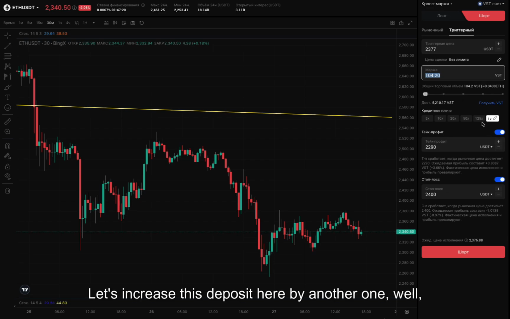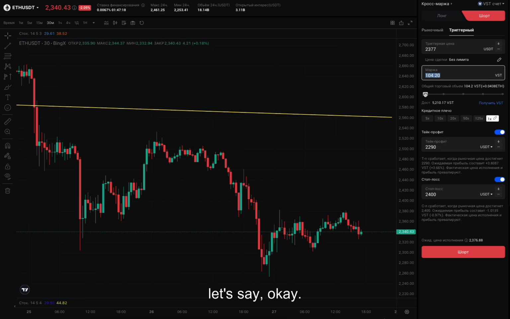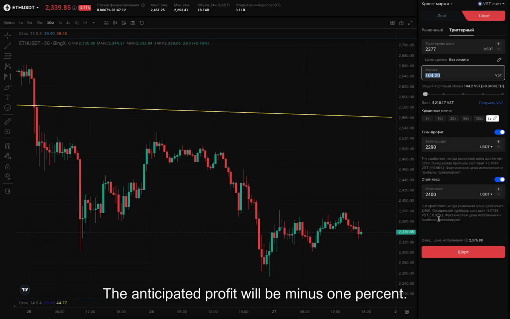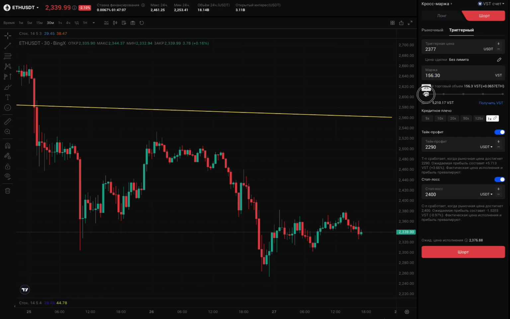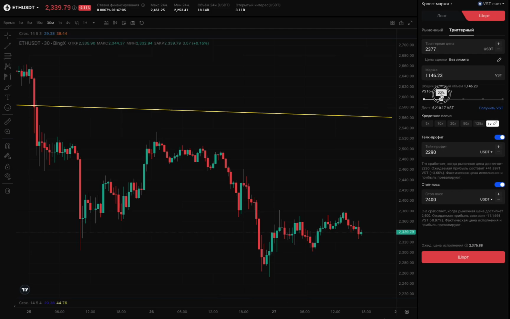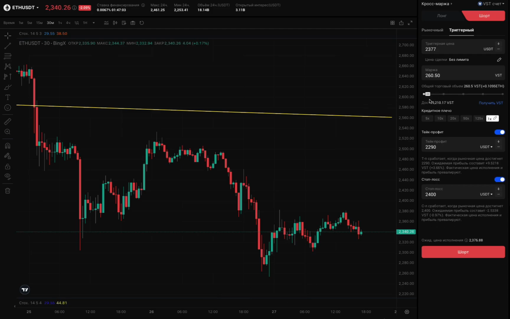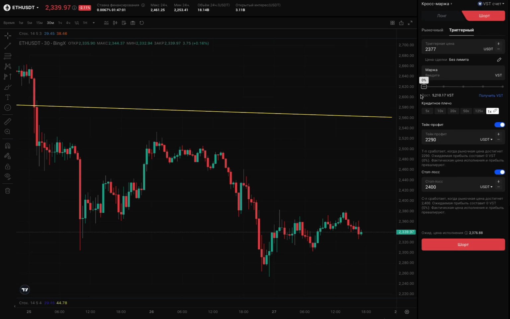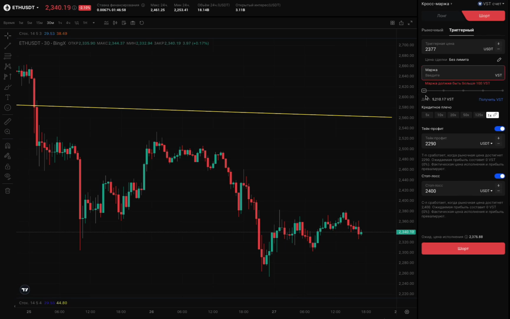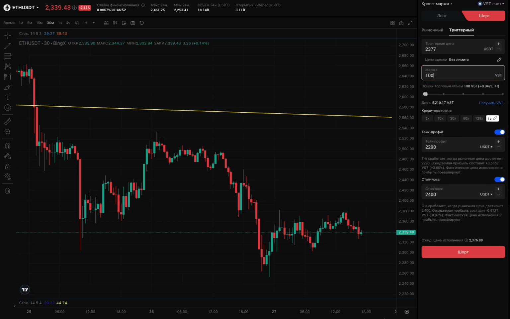Let's increase this deposit here by another one. Let's say 1%. The anticipated profit will be minus 1%. Recalculated. $100, 9%.